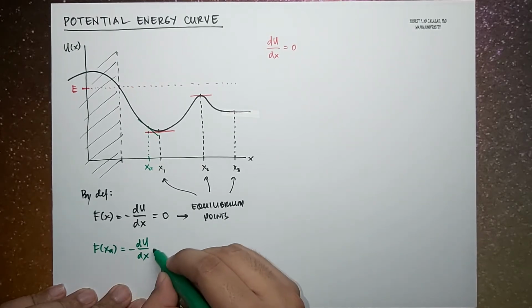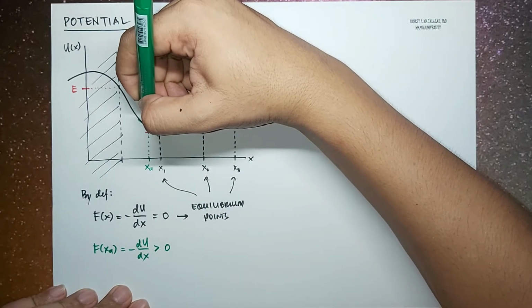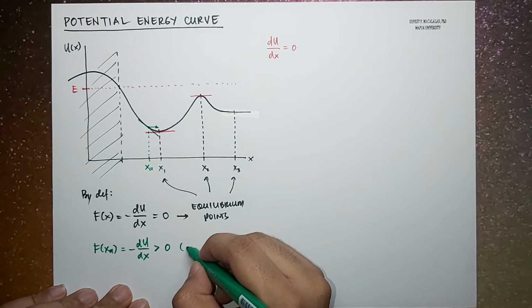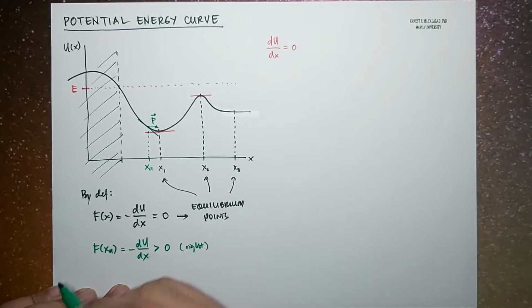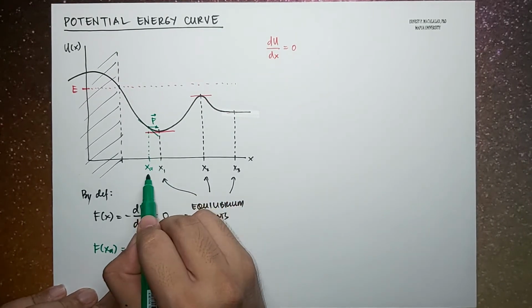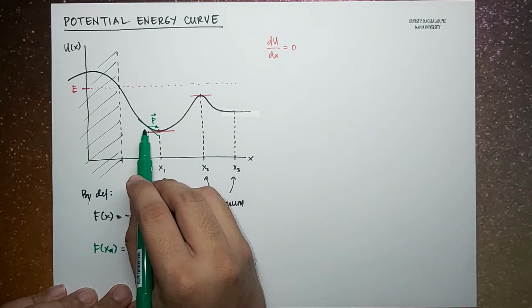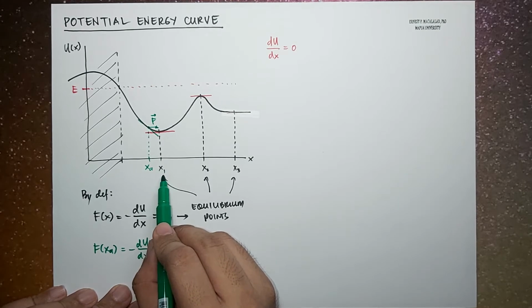So that means the force will be positive, so there is a force going to the right. When the particle is placed at xa, it will be pushed toward the equilibrium point x1.